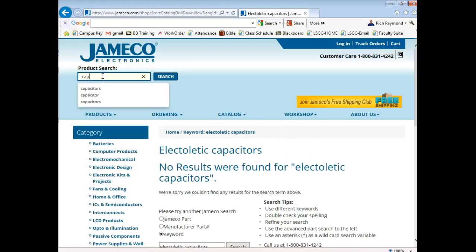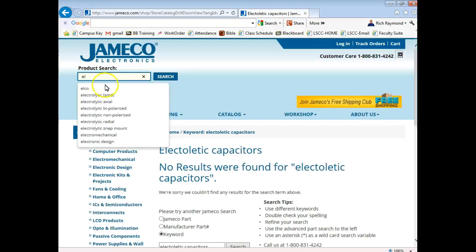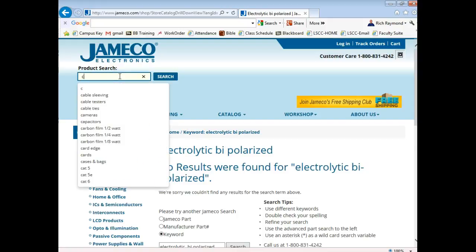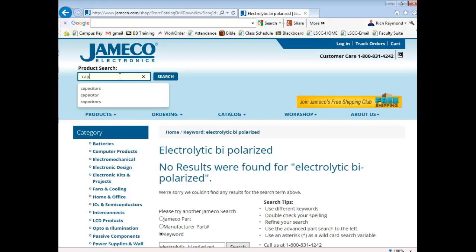Let's just look at capacitors. Electrolytic. Not, I guess, bipolarized. It says it's not there, so we'll just look for capacitors.